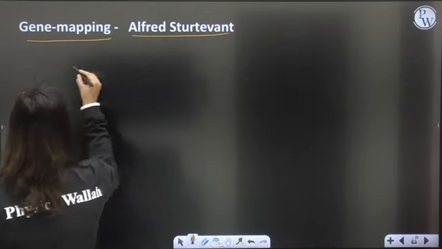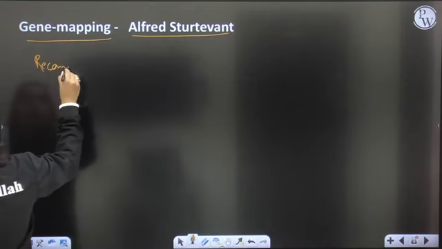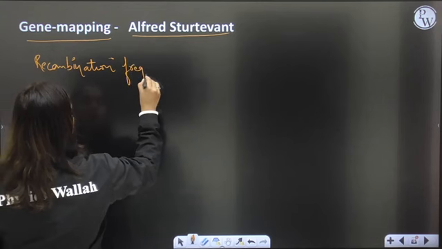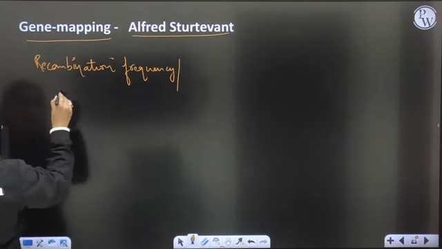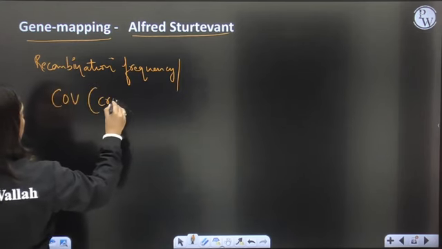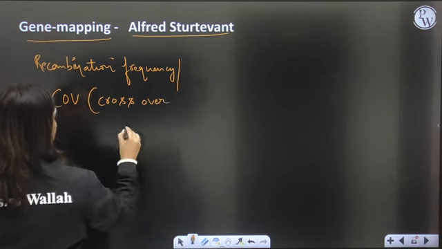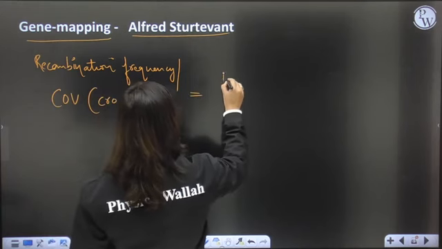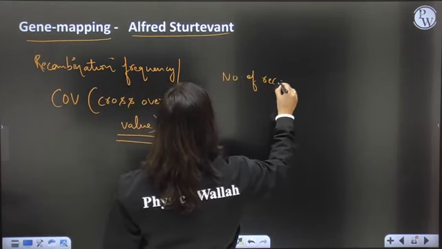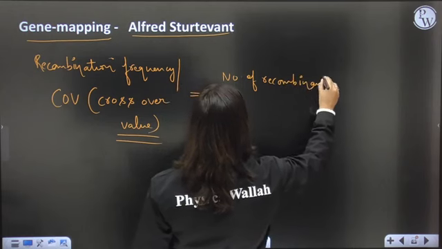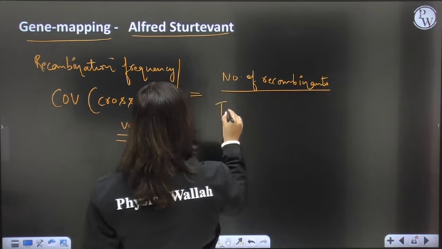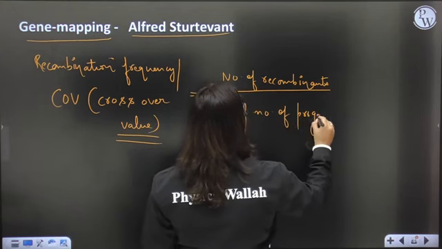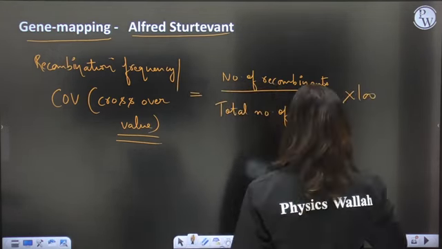So he talked about the recombination frequency, which is also called COV or crossover value, which is equal to the total number of recombinants in a population upon total number of progeny times 100.